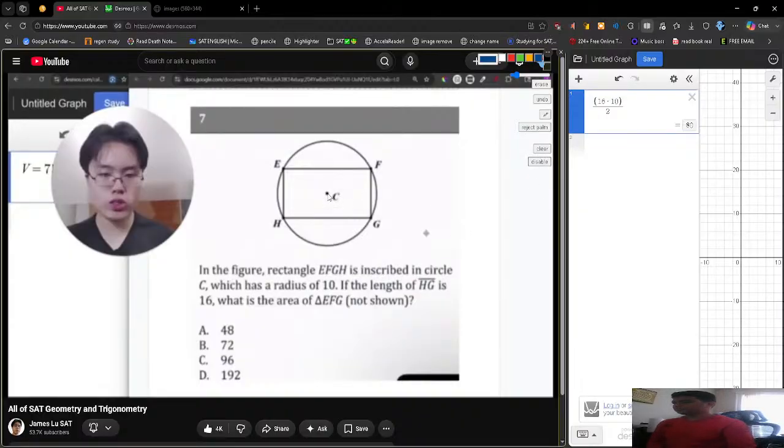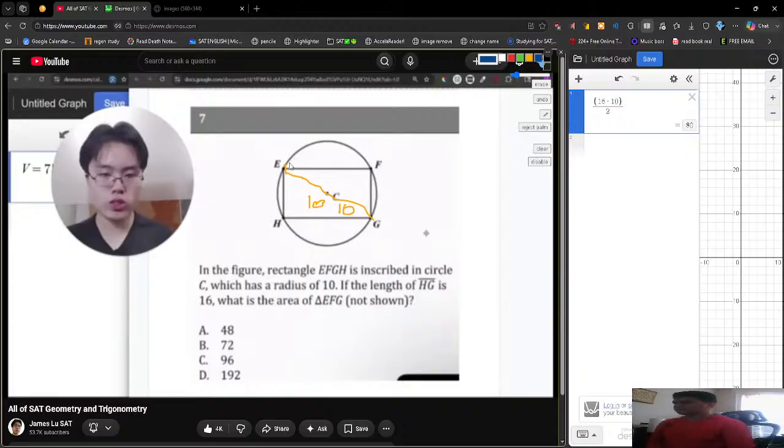Okay, from here to here is 10, right? The radius is 10. Meaning from here to here, the length is 20 because it's touching the circle.